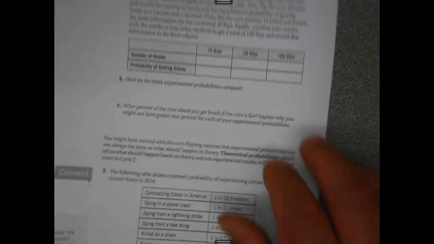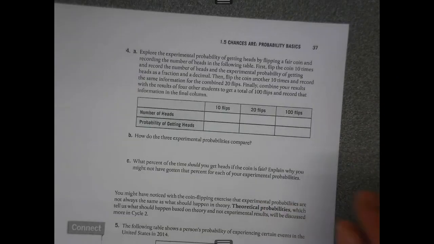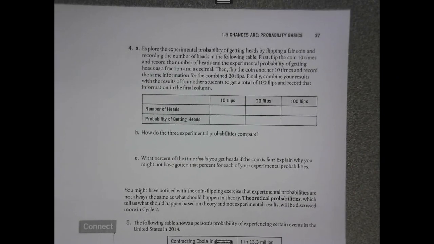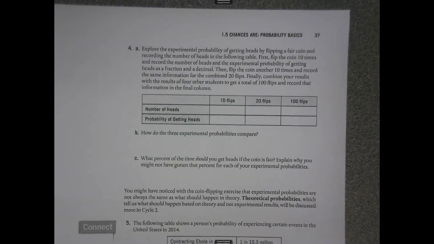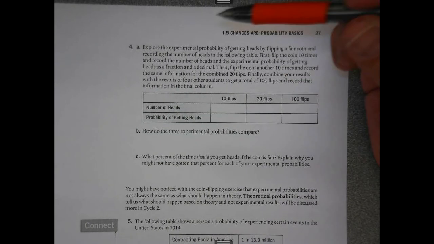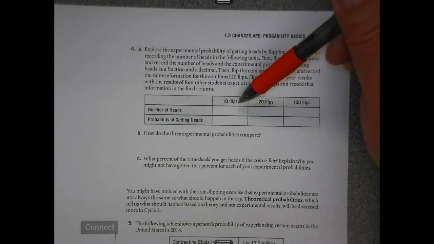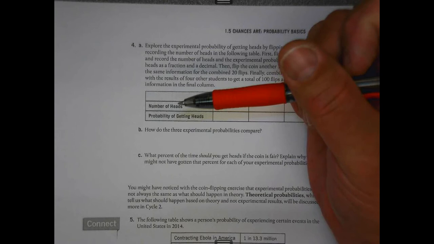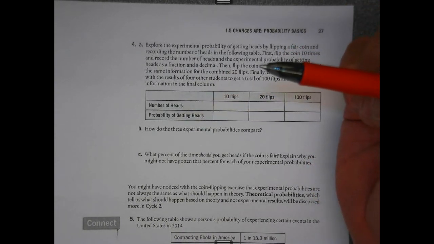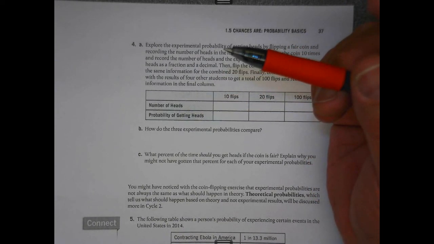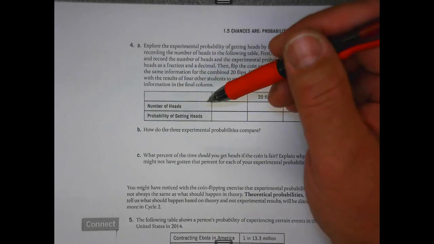Flipping a coin is going to get you 50% heads or 50% tails. The reason you wouldn't get 50% is if your sample size was too small. The more you do, the closer to 50% you'll get.